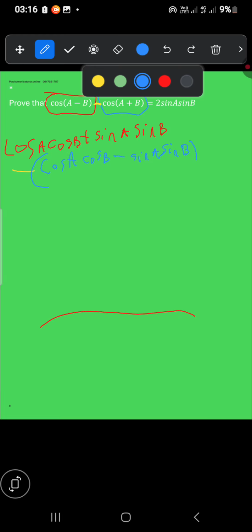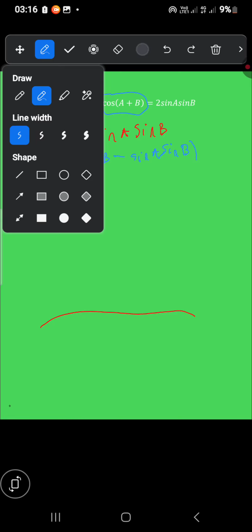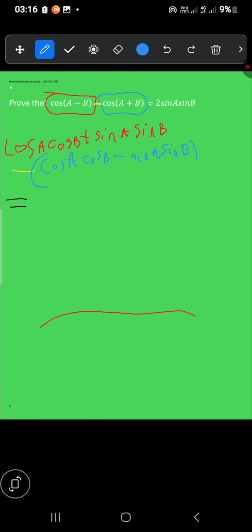This negative sign here is going to affect this sign and it becomes positive. So the brackets will be out.